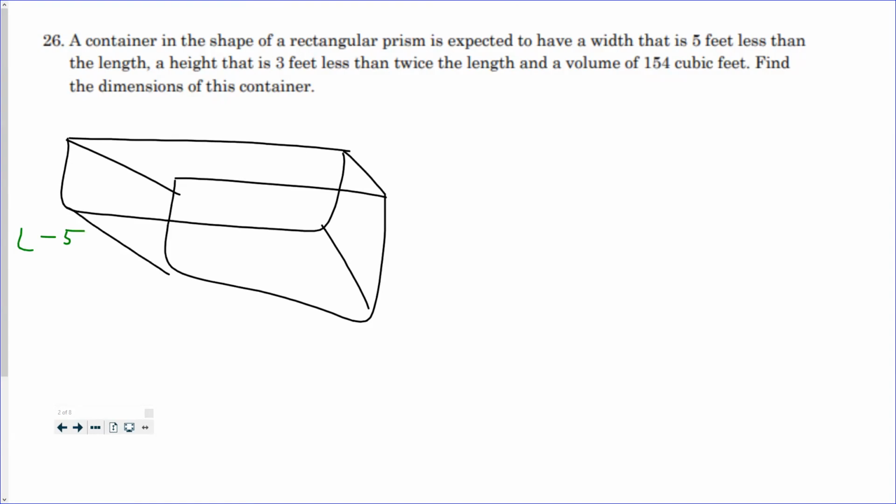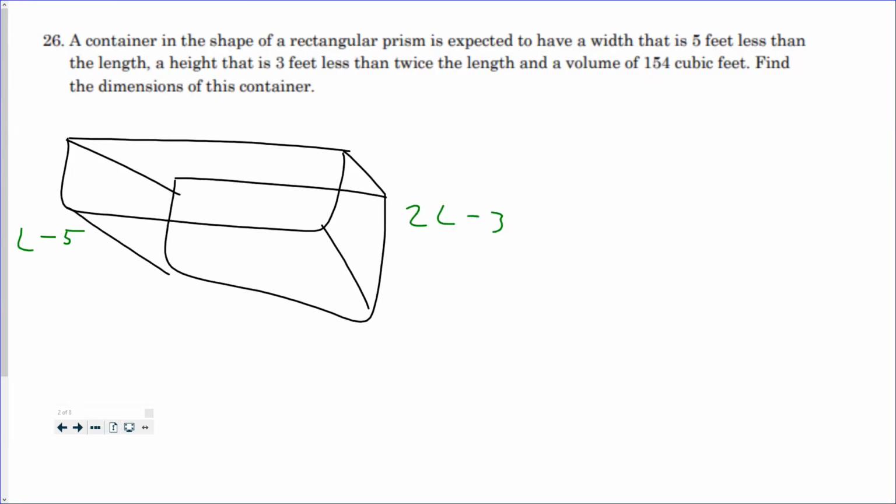And then I'm told the height is going to be 3 feet less than twice the length. So that means I'm going to multiply the length by 2, and then subtract 3 from that. Oh, sorry, I'm going all over this. 2L minus 3, there we go.